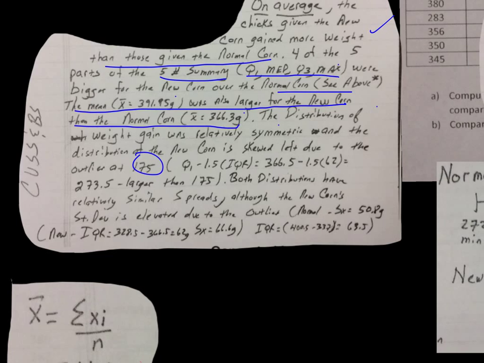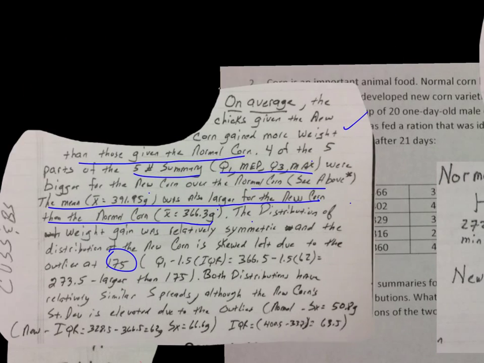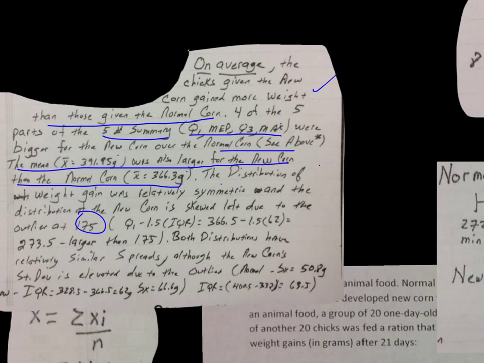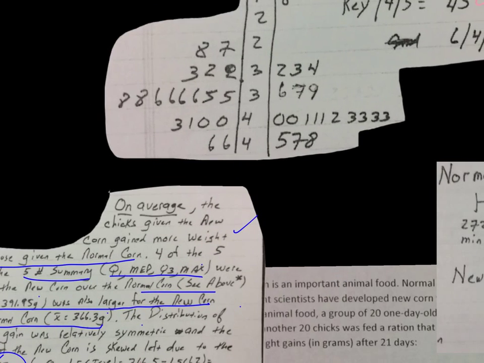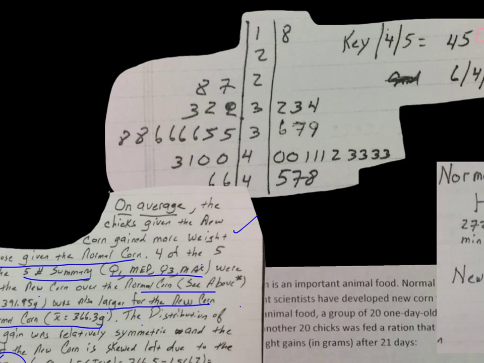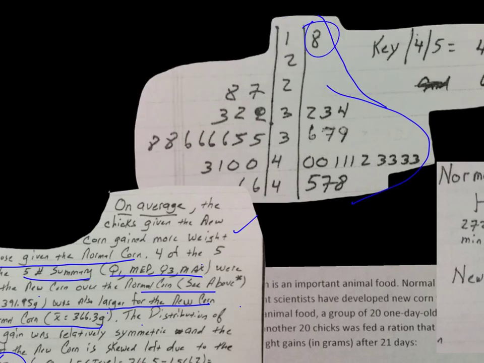So if you look at that, let me pull this out of the way. Now let's look at that distribution here. Notice how this is relatively normal, but if we include this, it kind of pulls it to the left. So that outlier kind of skews the data to the left, and that's what it's talking about.